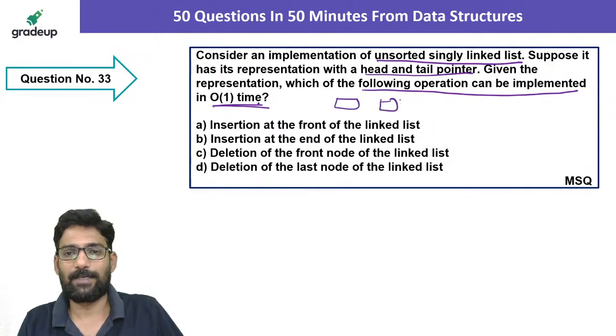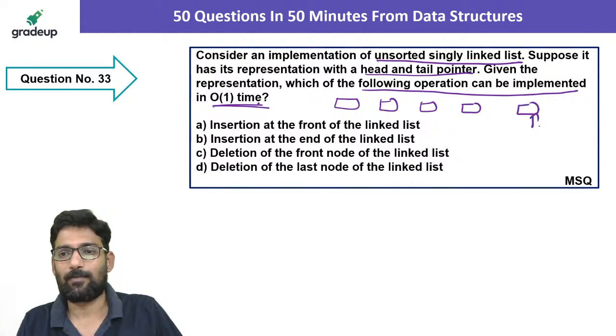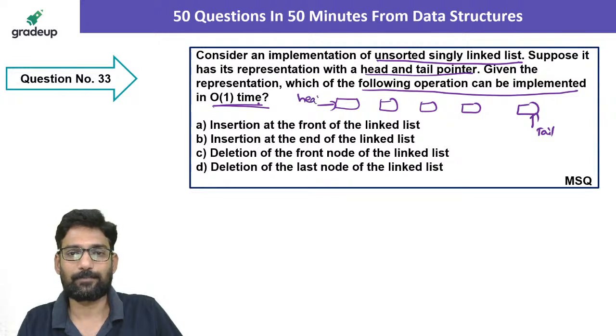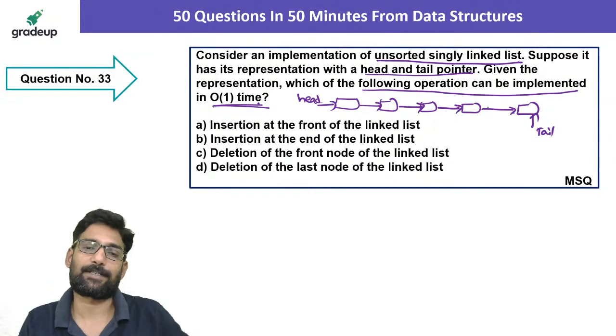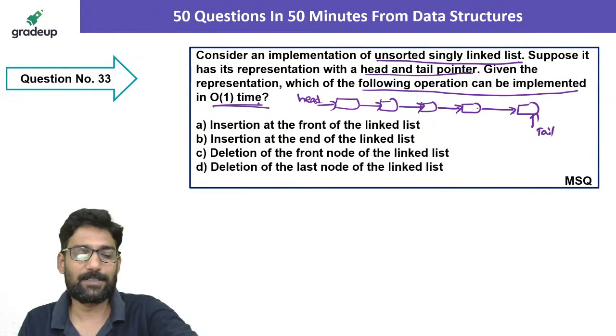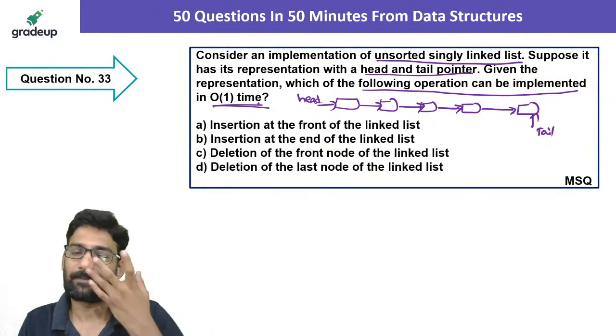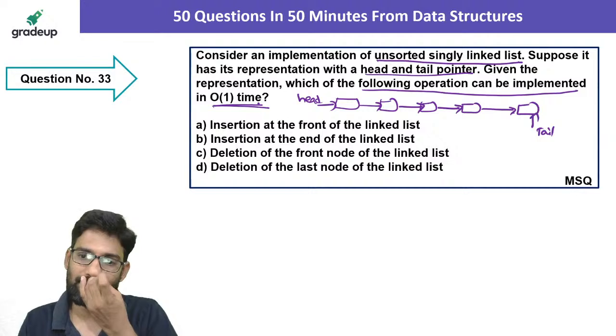We have a singly linked list. And guys, it's an MSQ question, so multiple can be correct. Give your answer. And guys, keep sharing and stay back till the end. What is your answer for this question?